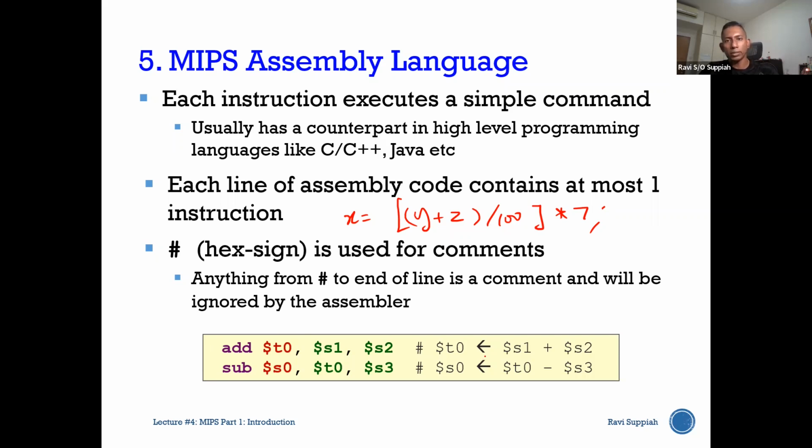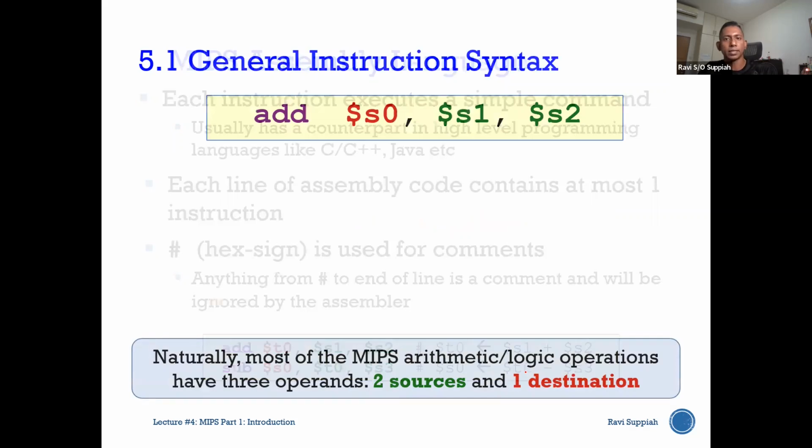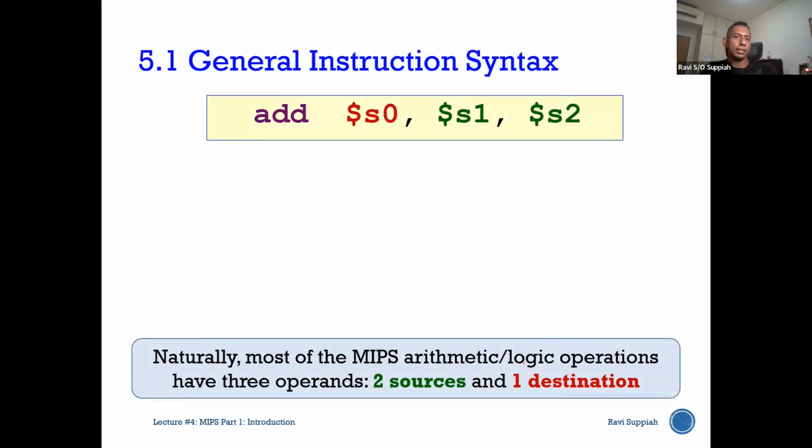Whenever you want to add comments in assembly language code, you use the hash sign. Anything after the hash is considered a comment. Now let's look at the general instruction syntax. I say general because it will have variations depending on what you're trying to do. The general form has 3 registers specified.